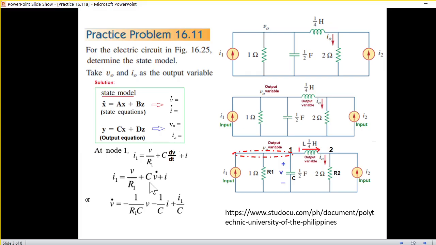And from here we'll find V dot. We'll just arrange it, dividing by C, moving this to the left and I1 to the right, so we will get this equation. I hope you can easily do this.